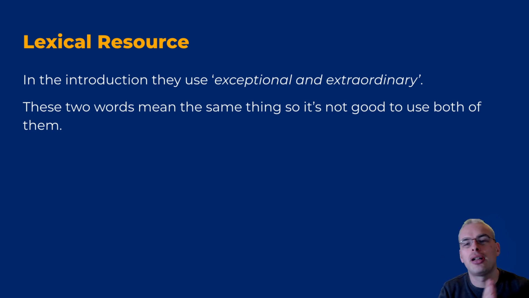If you say "exceptional and extraordinary," you're basically saying the same thing twice, and it looks a little bit like you're just trying to show off as many words as you can instead of using words accurately. It's not normal to say the same word twice. If I said, "the car was red and red," you'd think that sounded really funny. "Exceptional and extraordinary" sounds funny in the same kind of way. So it's not good to use two words that mean the same thing.